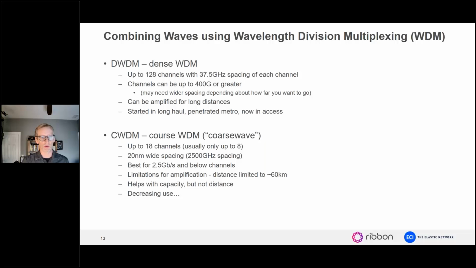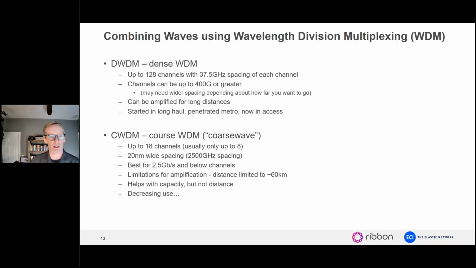You could take up to 18 channels, but a lot of systems only supported 8 different channels. The spacing between channels was relatively wide, 2,000 to 500 gigahertz of spacing along the spectrum between the channels. It was really best for things where each channel was 2.5 gig and below. Couldn't really amplify it very far. It helps with capacity, not so much with distance, and it's in decreasing use.